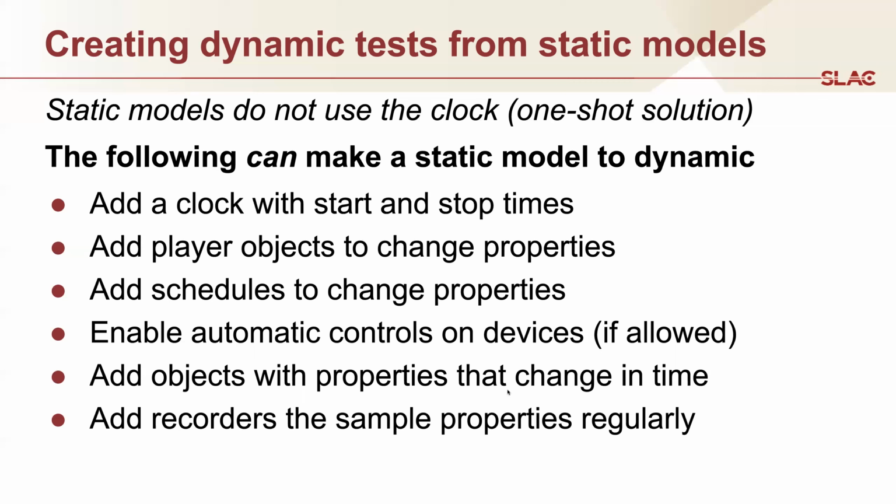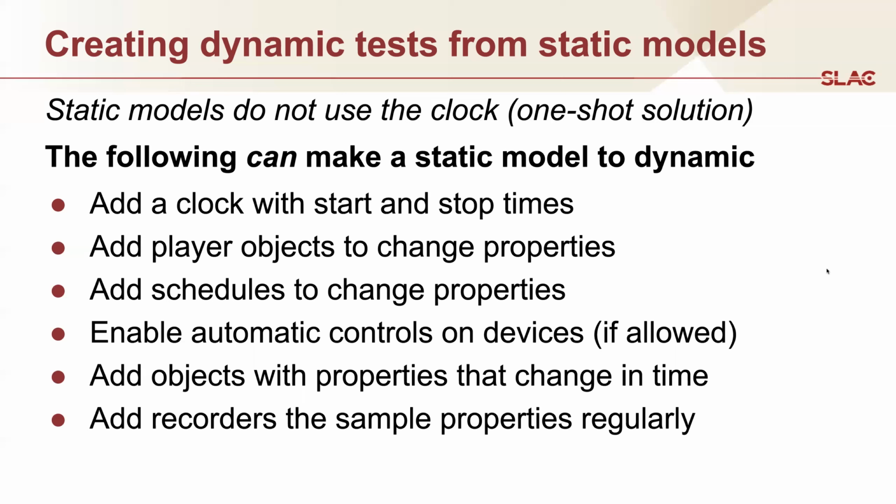So yeah, any object which basically causes the properties to change over time will cause the clock to advance. And then of course, recorders will cause the clock to advance. That's in fact the point of a recorder. If you set up a recorder to sample an object periodically, then the clock will advance to assure that the object gets sampled periodically. That's not an unexpected outcome.